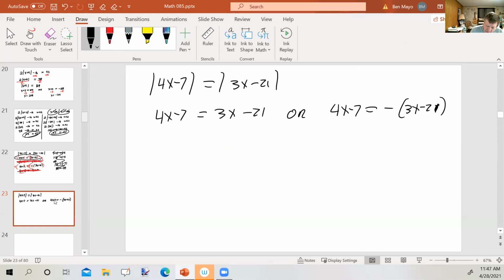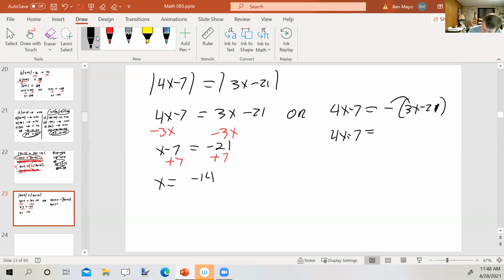So in the first equation, solving, I'm going to subtract 3x from both sides, giving me x minus 7 equals -21. And I'll add 7 to both sides, x equals -14. In the second equation, I get 4x minus 7 equals, I'll distribute and get -3x plus 21.